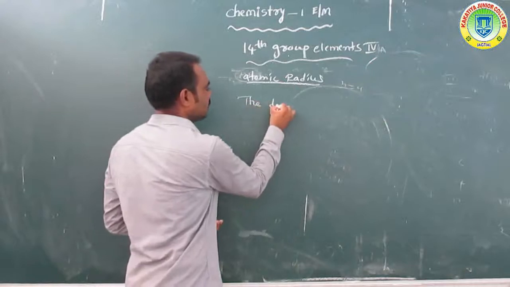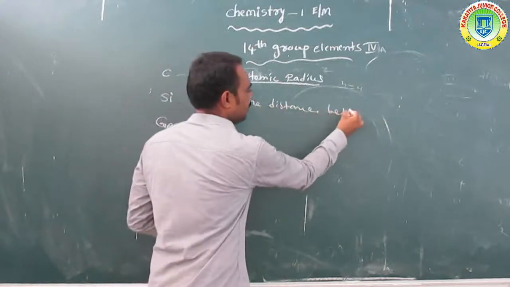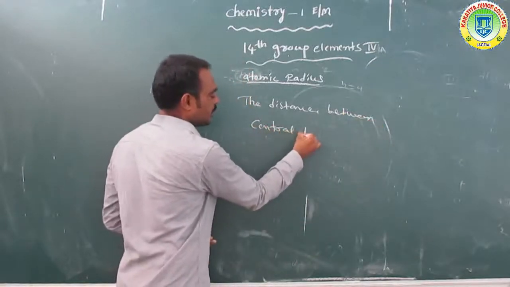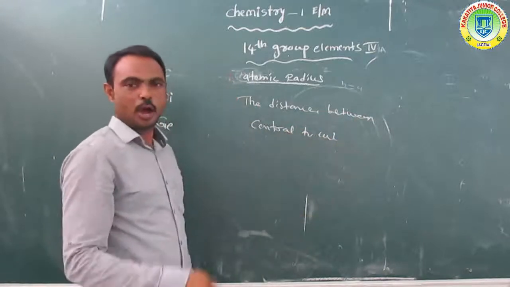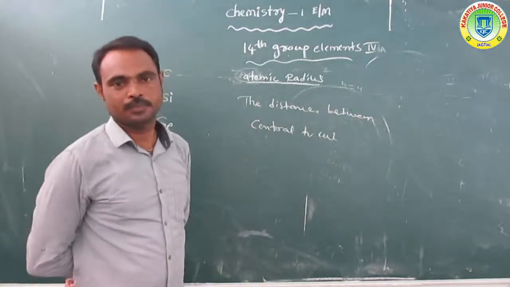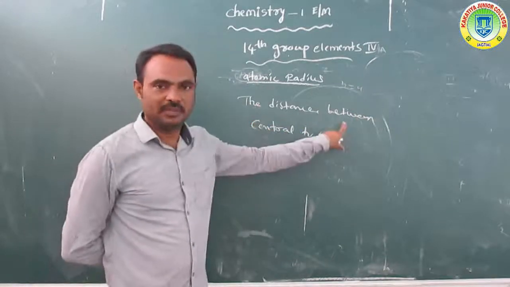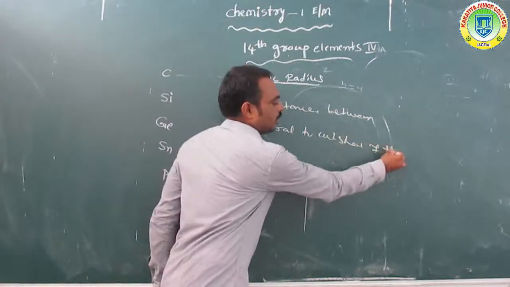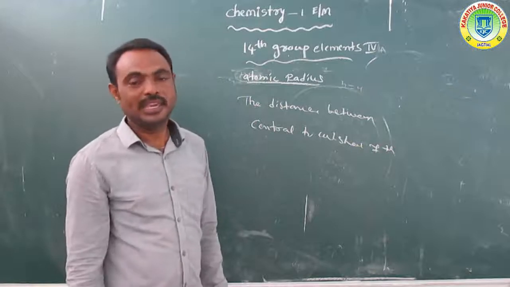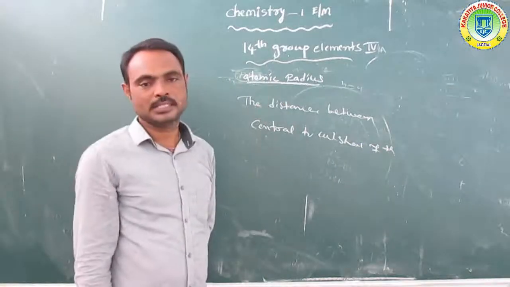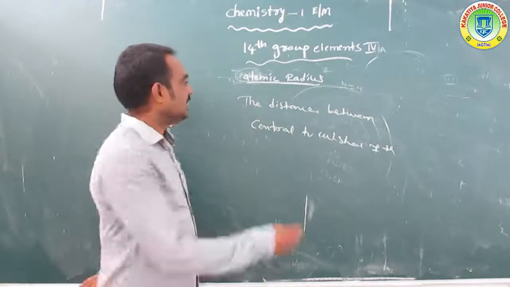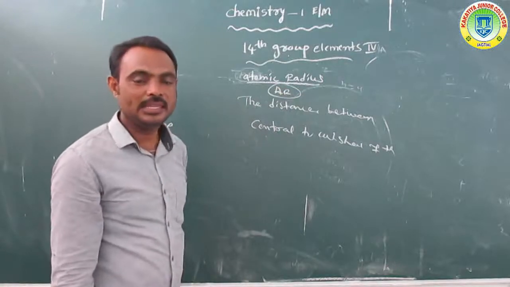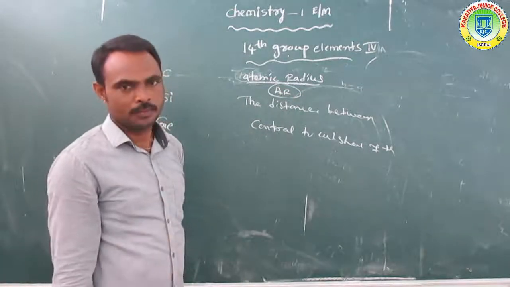The distance between the center and the outer shell of the electron of an atom is called atomic radius. Atomic radius is indicated with AR.